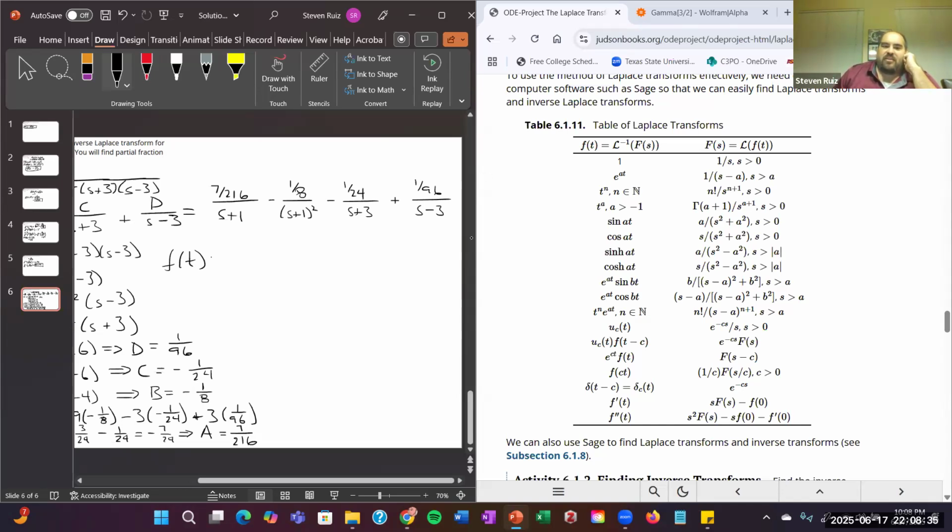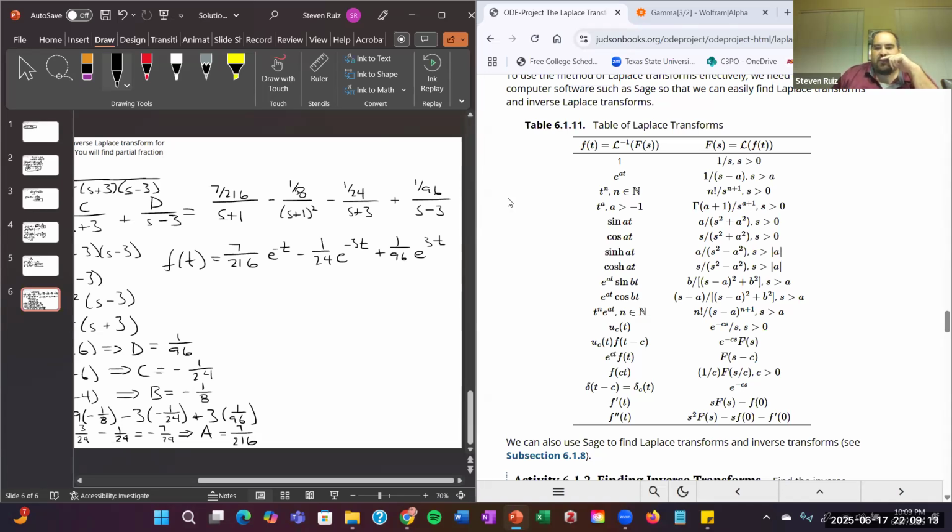So I believe this first term is going to be 7 over 216 times e to the, a should be negative 1, so e to the negative t, minus 1 over 24 e to the negative 3t, plus 1 over 96 e to the positive 3t. Okay, so the second line of this table gave me all 3. Basically, it gives me the first, second, and the fourth term.